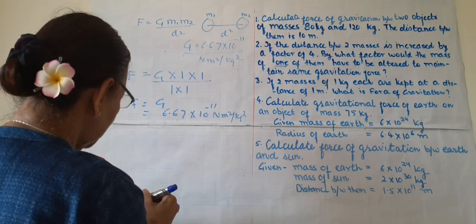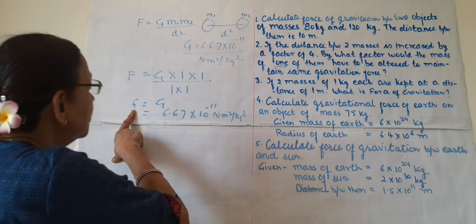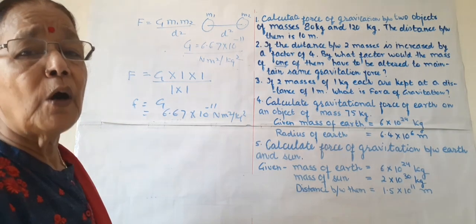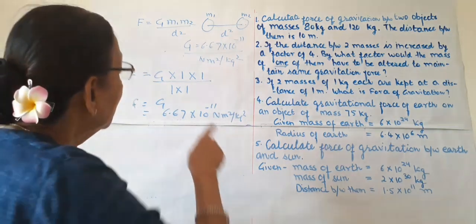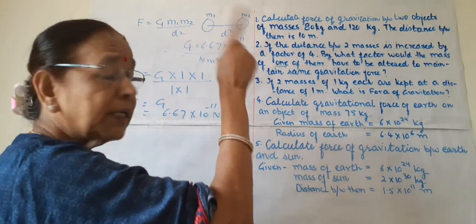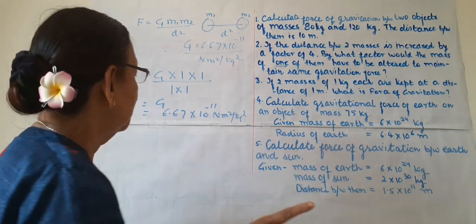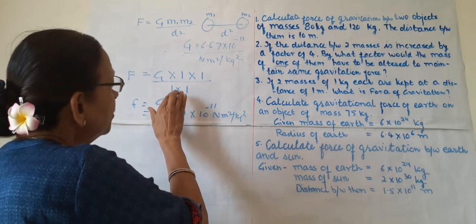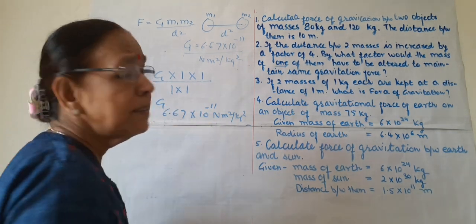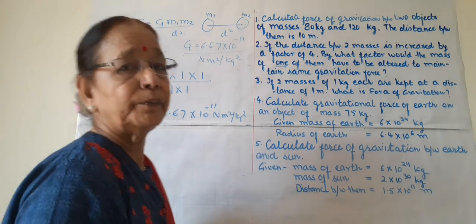So in this case, we have seen that the gravitational force is equal to the value of the universal gravitational constant if the mass of both is 1 kg and the distance between them is 1 meter. So in this way, F is equal to G and the value is so much. This is about the third numerical.